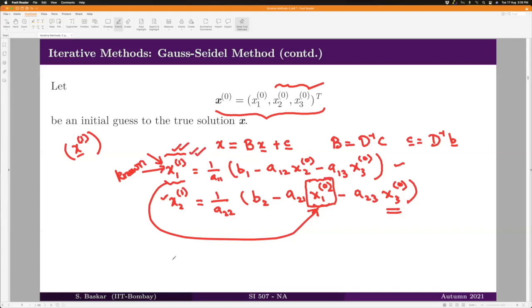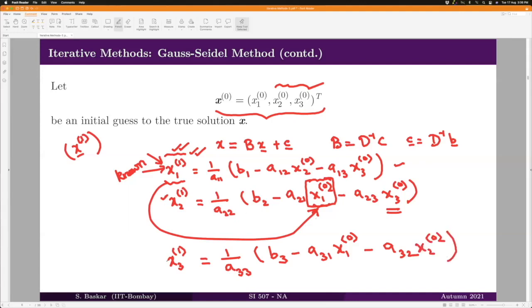Now, when you go to compute x3 of 1, in the Jacobi method, what we do, it was 1 by a33 into b3 minus a31 x1 of 0 minus a32 x2 of 0, right? Again, if you see, when you are computing x3 of 1, you already computed x1 of 1 and also x2 of 1.